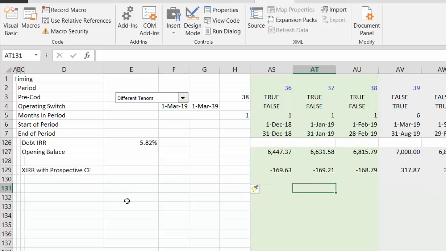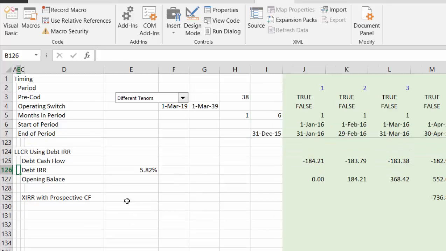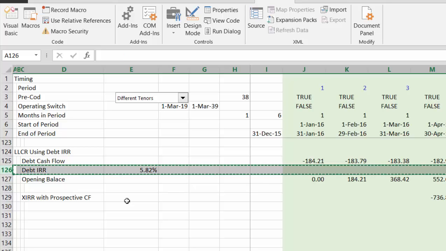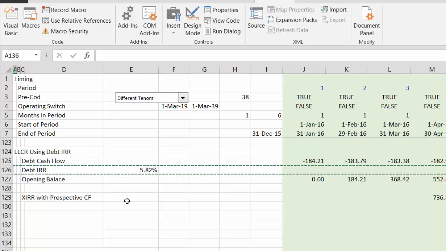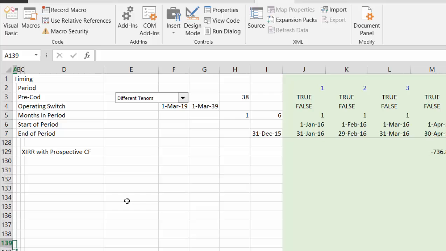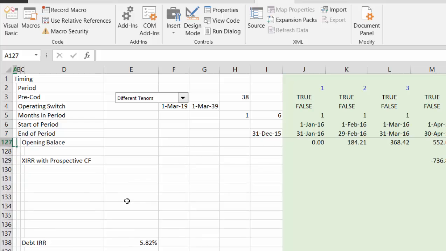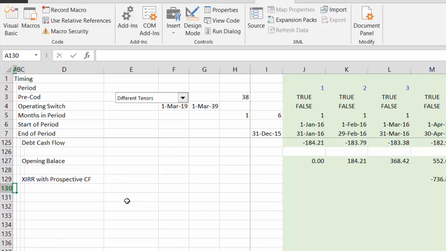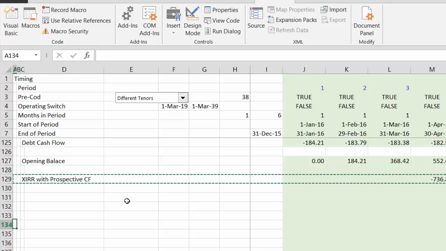And so this is the opening balance, and we have the debt cash flow. So this debt IRR, see, okay, I can't do that now. If I press X, we're going to get a, I'll push it down here, and I have no idea what's in this one, so I'm going to put it in here.